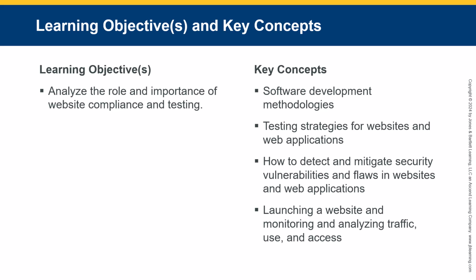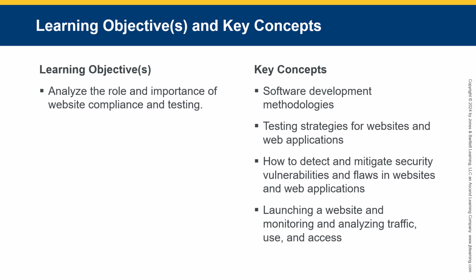Key concepts are going to be things like the software development methodologies, the testing cycles, testing strategies for websites and web apps, how to detect and mitigate security vulnerabilities as well as flaws in the websites and web apps, and launching a website and monitoring and analyzing traffic use, access, and potential for malicious abuse. So, we're mainly focusing on compliance and testing for this module.